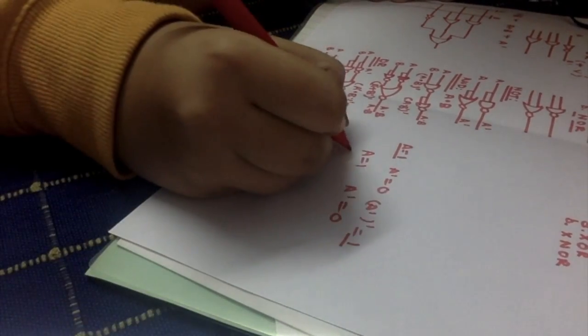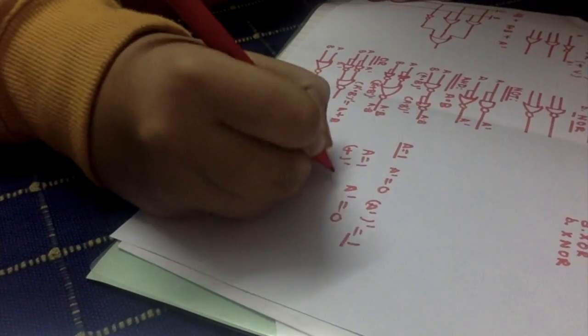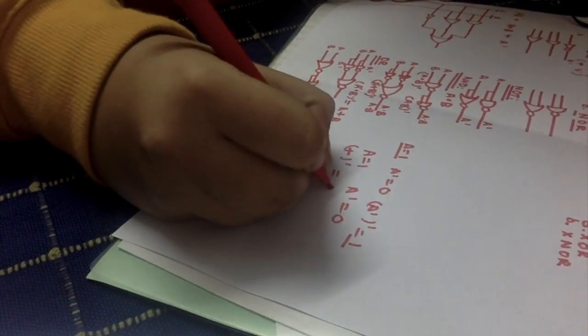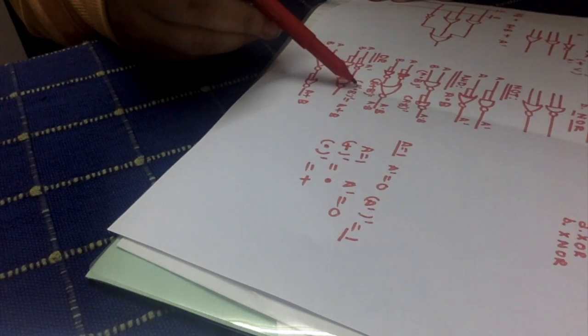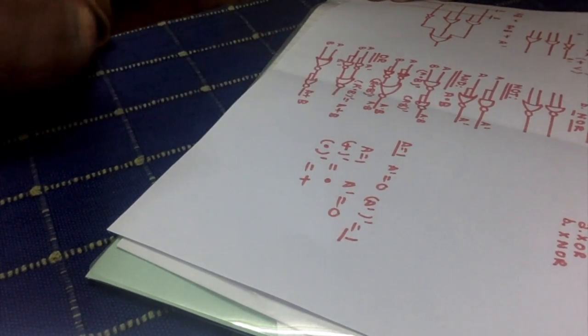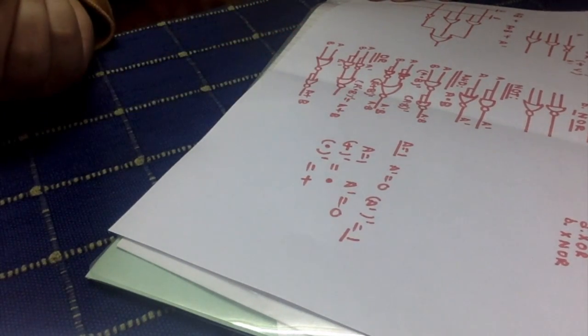Similarly for B, if you have a plus sign and you negate it, you will get an AND sign. If you had an AND sign and you negate it, you will get a plus sign. So that's why you're negating all of these, changing from A and B to A plus B. Similarly, it happens here. That's why this is how we draw them.